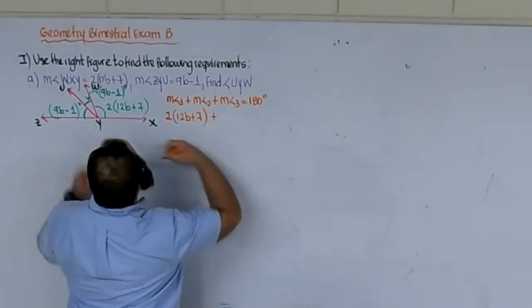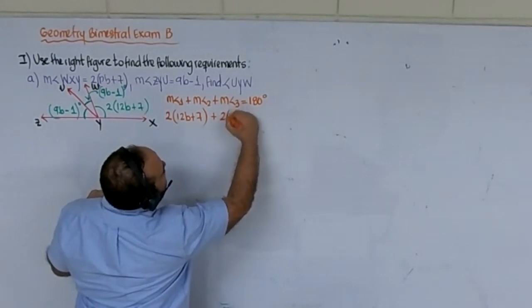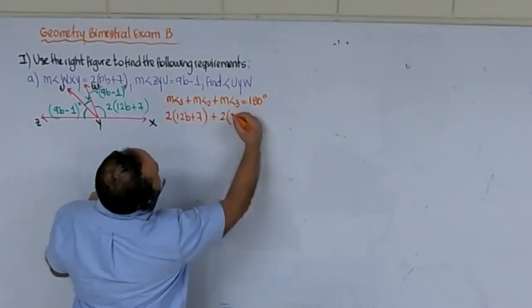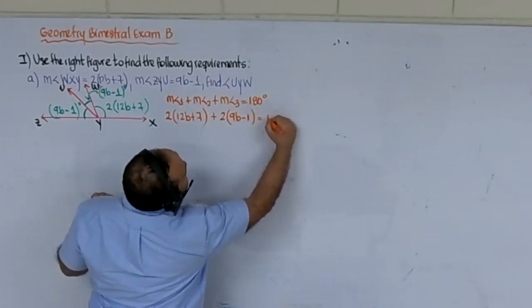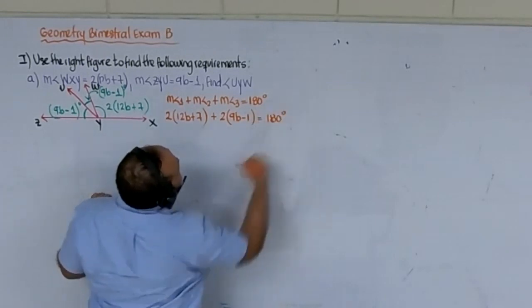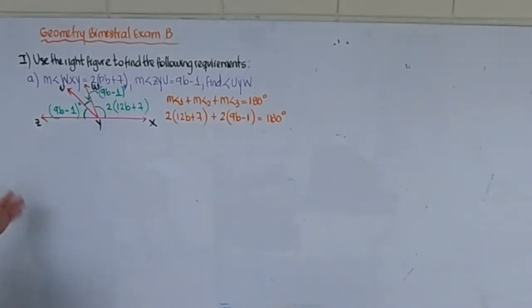I mean, this quantity 9B minus 1 is repeated twice. So we can multiply twice the value 9B minus 1, and the rest of the angle will be 180 degrees. Or if you prefer, you can use 9B minus 1 plus 9B minus 1. At the end, the result will be the same.